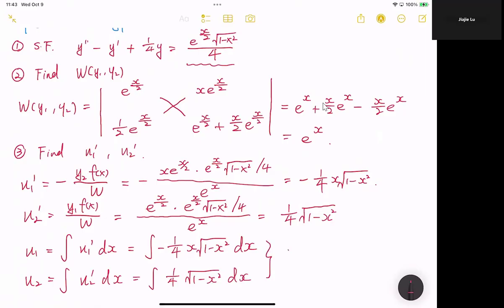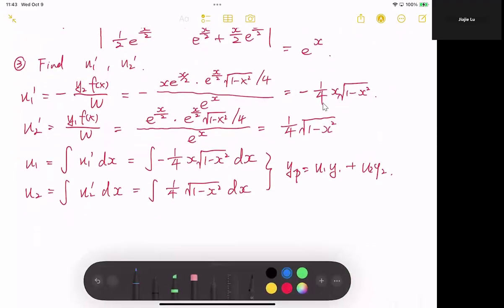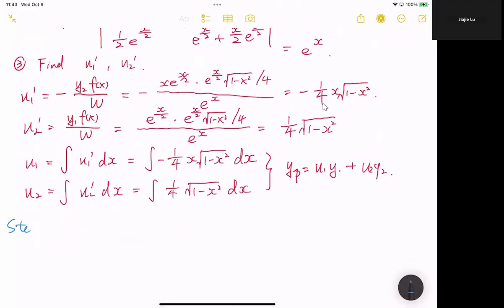Then your particular solution is just u1 y1 plus u2 y2. Okay? After you find that, then your last step, step 3, general solution. Your y is nothing but yc plus yp.